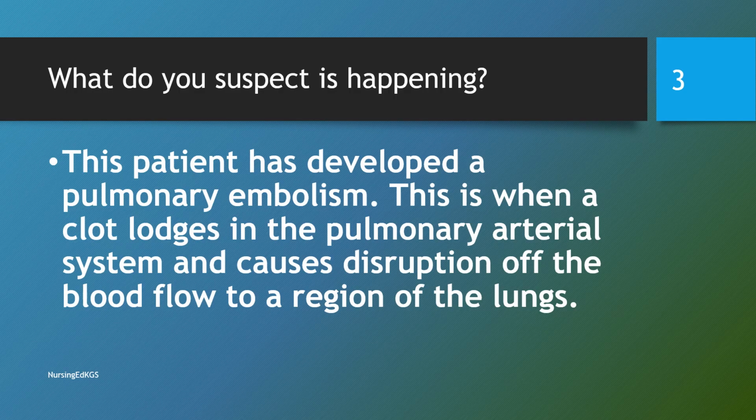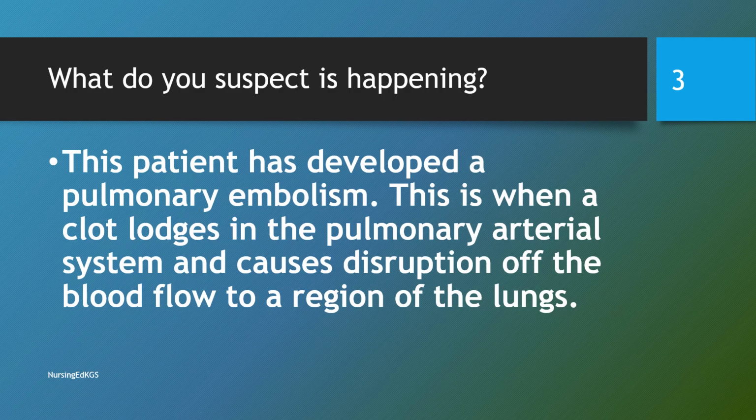PE is associated with a relatively high mortality rate, and up to 30% of patients will die if they are not treated. Accurate diagnosis and early anticoagulant therapy can reduce mortality rate. Most pulmonary embolisms originate from deep vein thrombosis in the deep veins of the leg.